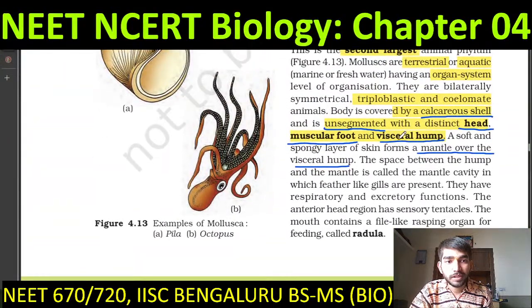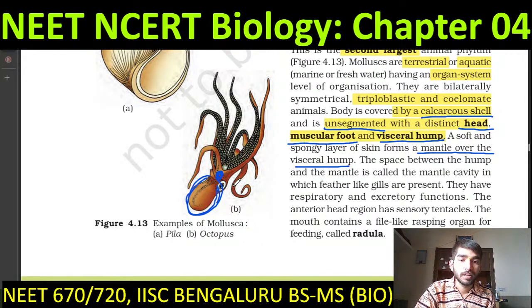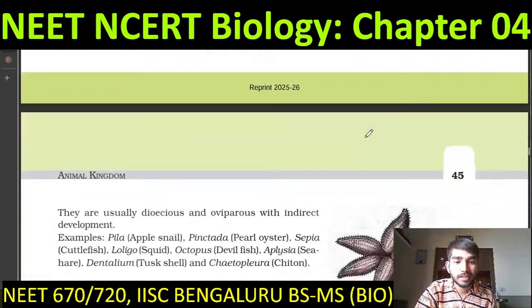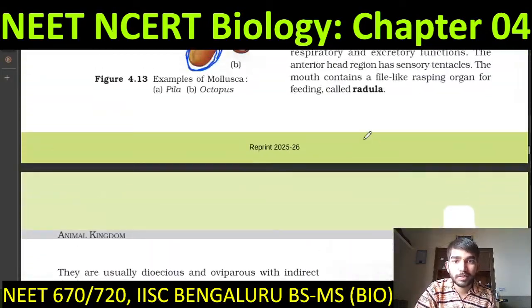It's not shown here, but the visceral hump you can see maybe like this, and it has a soft structure inside. So a soft and spongy layer of skin forms the mantle over the visceral hump. Over the visceral hump there is this soft layer of skin called the mantle. This is properly seen in the snail, but here the snail diagram is not shown.